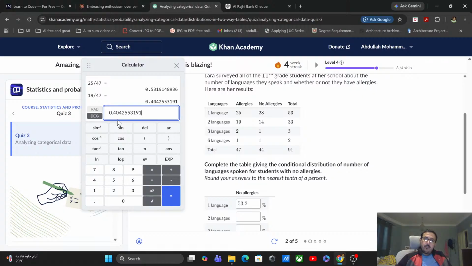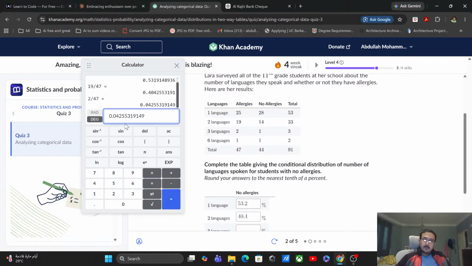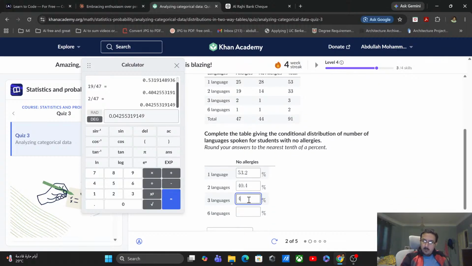Oh my god, 40.4. Then we got 2 over 47, that's 4.3. And 1 over 47, that's 2.1.